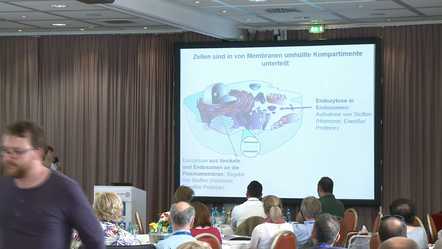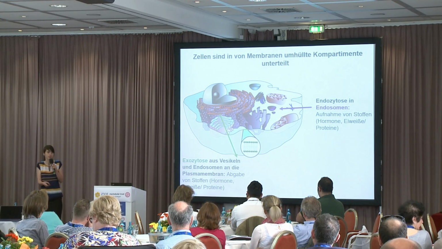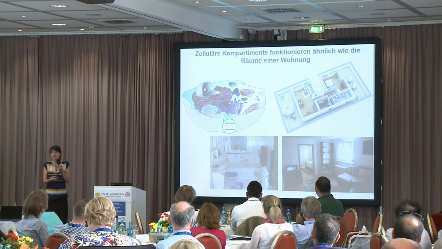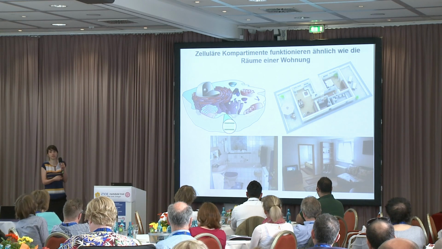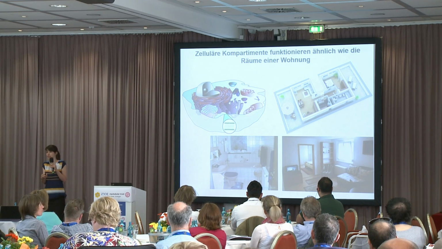To give information away from the cell, the process is called exocytosis, and does the same but in reverse. These compartments work similar to an apartment. They are separated by fixed walls, and each compartment has a specific role.